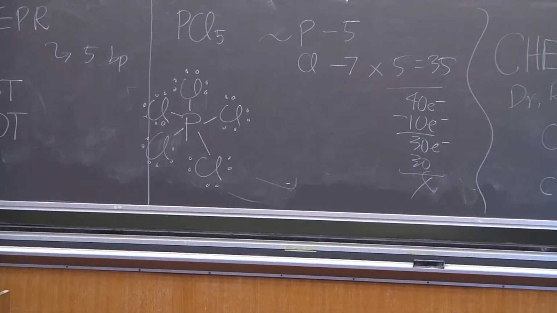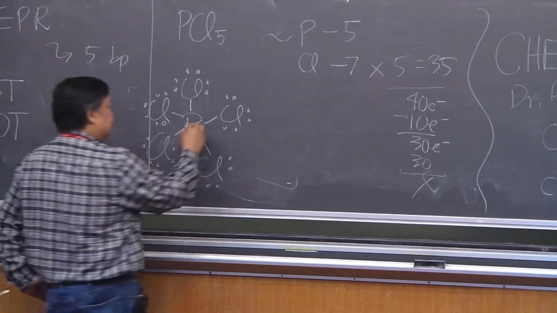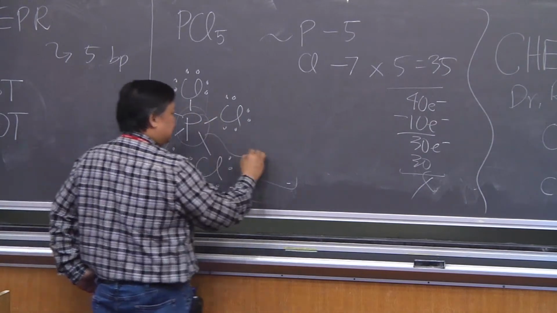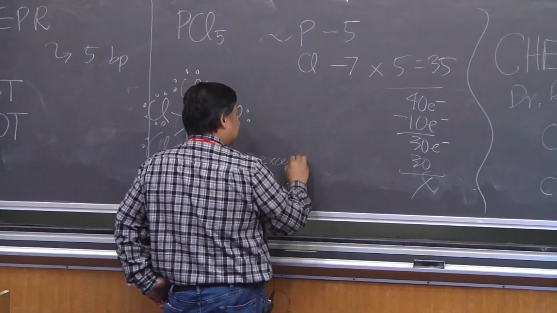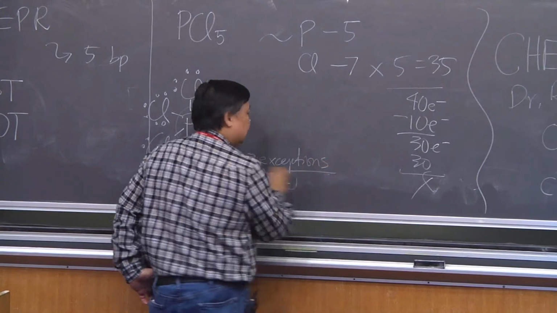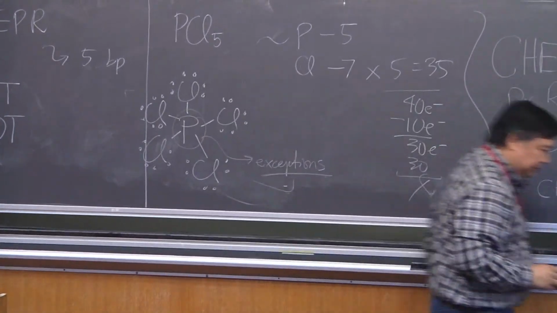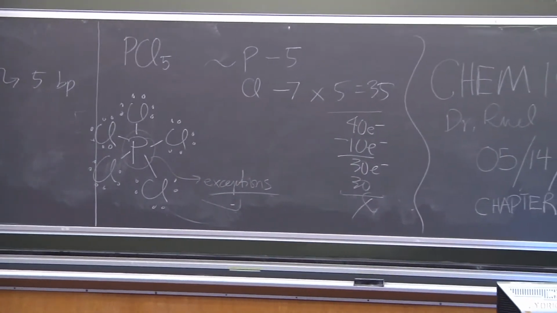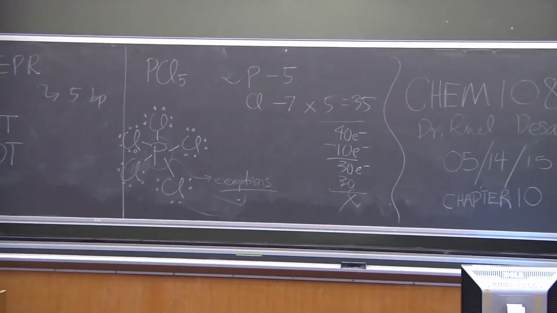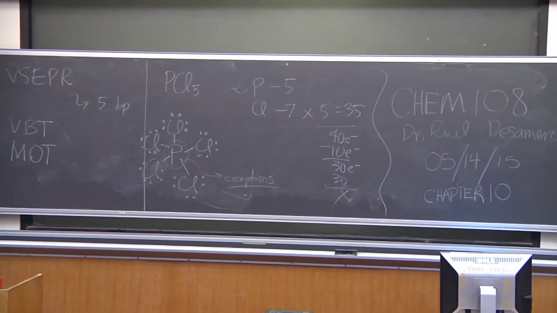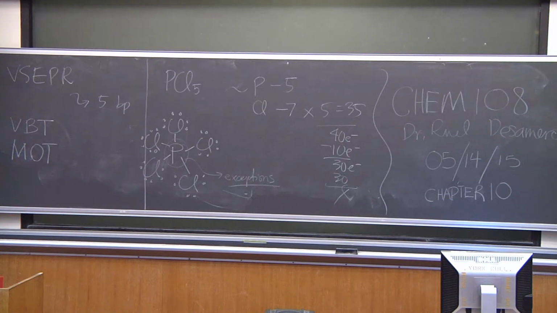Anything unusual about this structure? What did we say? Octet should only have 8. I should remind you that phosphorus is one of the exceptions. In fact, if you look at the periodic table, anyone from period 3 downwards can have what we call an expanded octet.